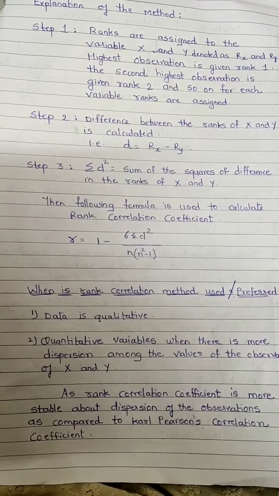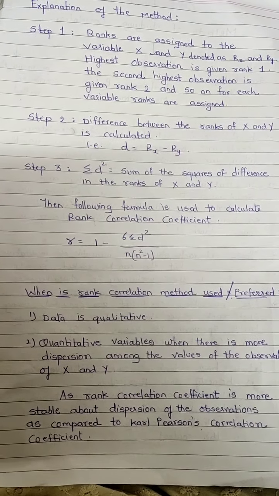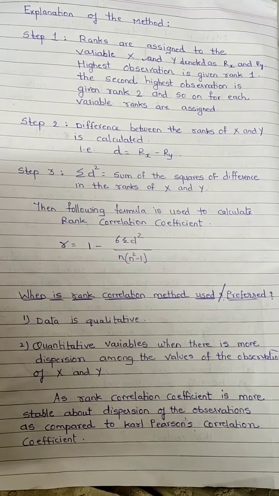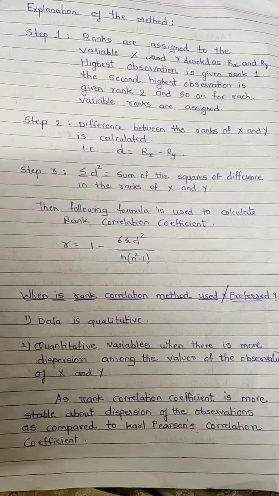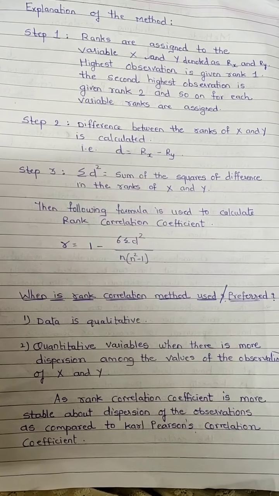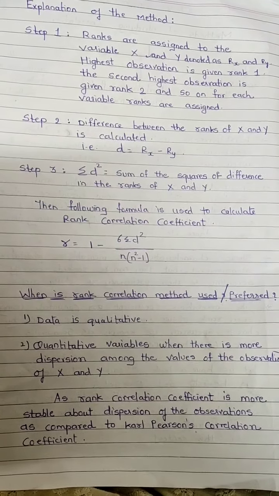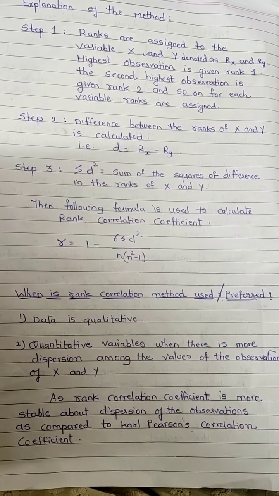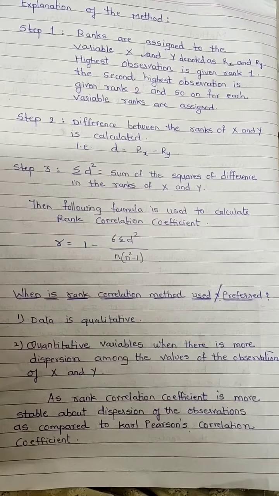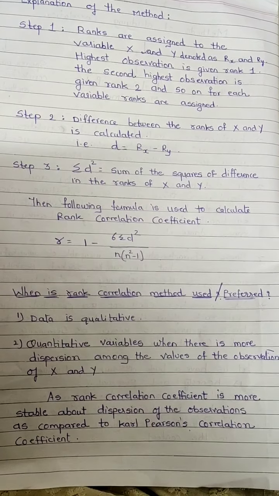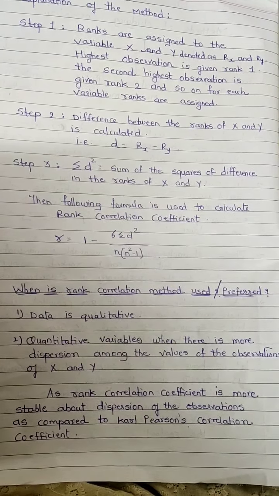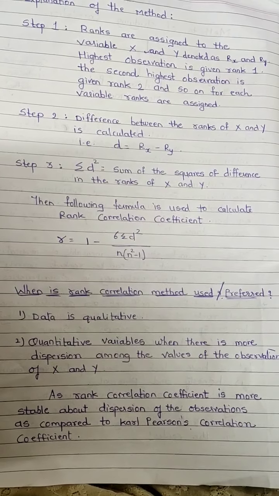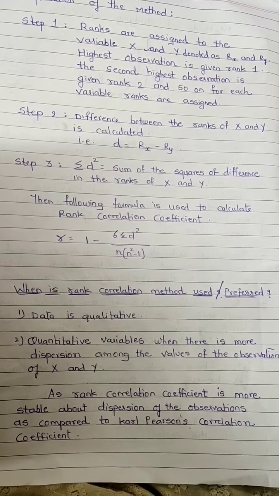The highest observation is given the first rank, and then the second highest observation is given second rank, and so on. For each variable, ranks are assigned. Second step, the difference between the ranks of x and y is calculated, which is denoted as D equals Rx minus Ry, that is rank of x minus rank of y.